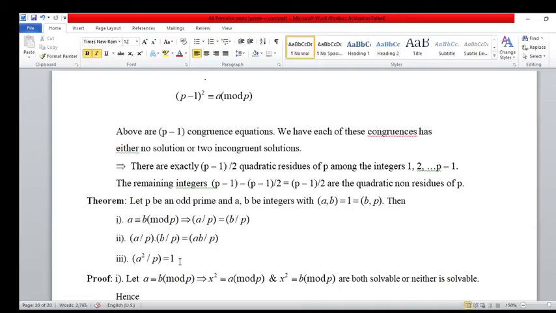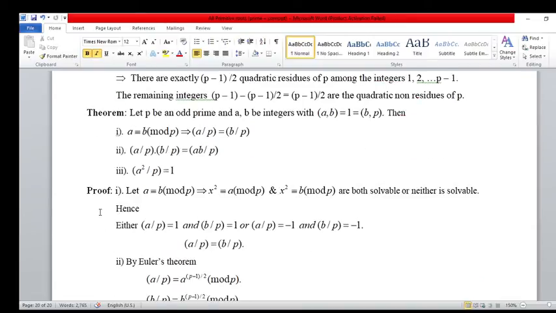Proof of the first: a congruent b mod p, this is given. Consider the congruences x square congruent a mod p and x square congruent b mod p. These are two quadratic congruences. Either both are soluble, or neither is soluble.